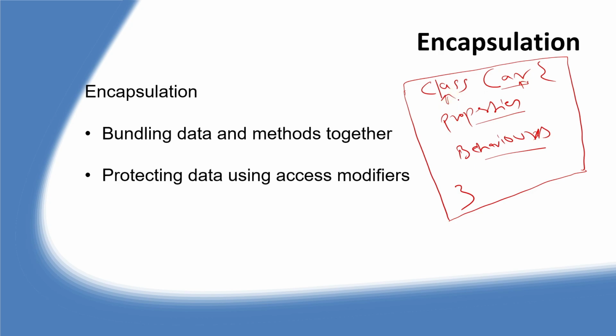Now, how do we create an object in Java? Car is the name of the class. Class is a keyword, and after class we write the class name. So Car is a class name. To create an object, we write the class name Car, then a variable, so small c.